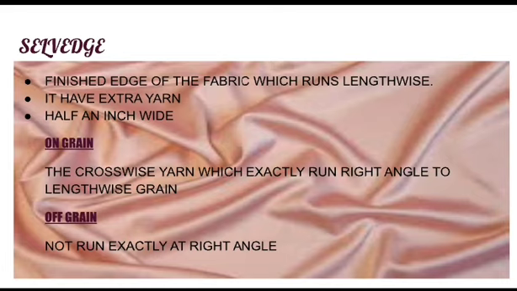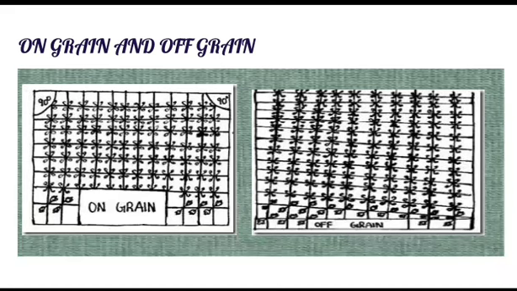The next one is off grain, where the warp and weft yarns do not fall in the right direction. It means they do not run exactly at a right angle, so we can say the fabric is off grain. See the next picture, on grain and off grain. In this picture you can clearly see what is on grain and what is off grain.